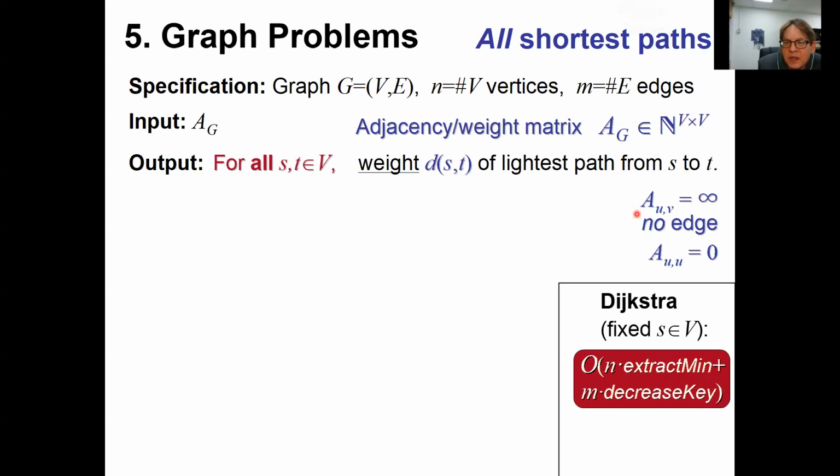So that the computational cost becomes n squared times the cost for extract min plus n times m times the cost for decrease key operation in the priority queue.